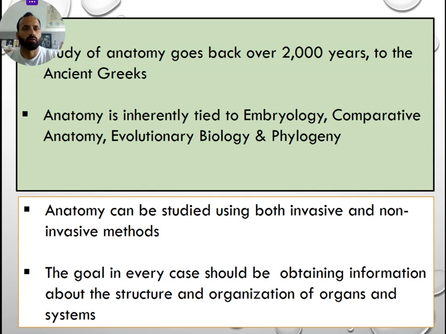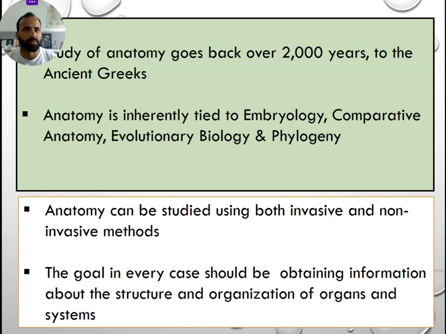The history of anatomy goes back some 2000 years. Ancient Greeks used it to study anatomy, and anatomy has a close relationship with embryology, comparative anatomy, and even phylogeny and evolutionary biology.